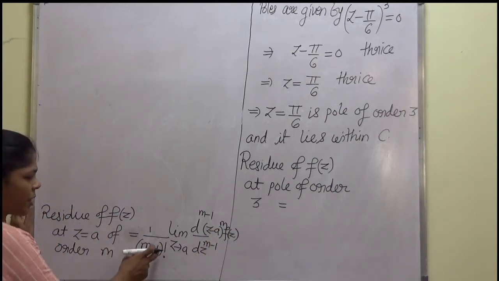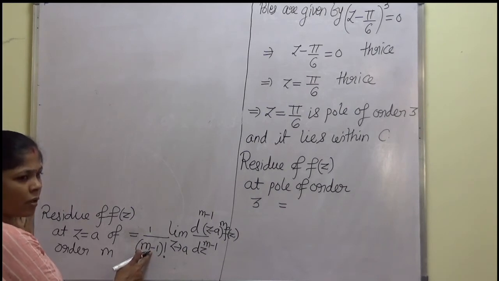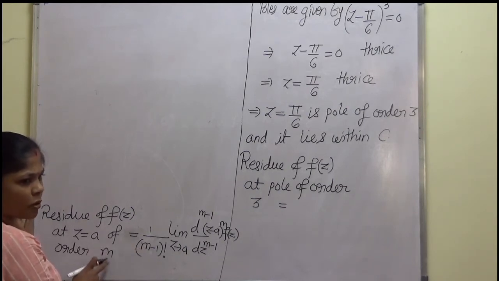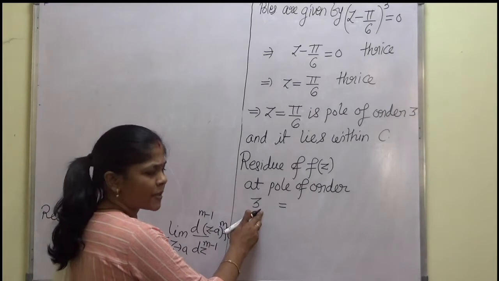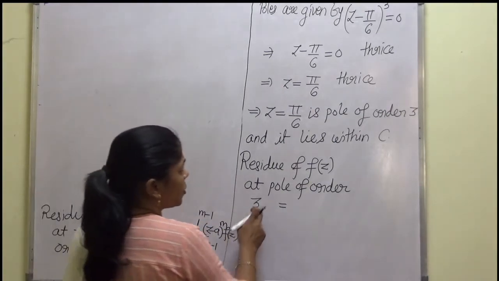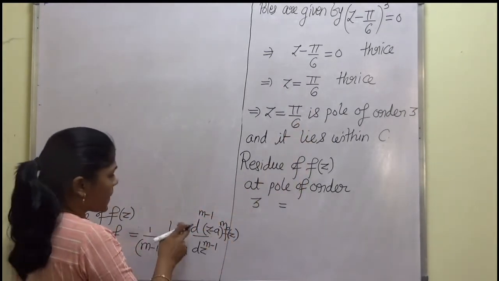Where this m gives how many times that pole exists. That is the order, and a is that pole. So here what is the value of m? m is nothing but 3, whereas the pole, the value of a, is pi by 6.